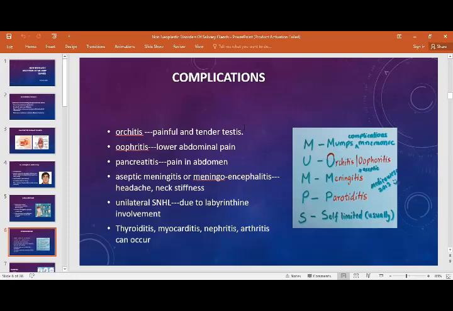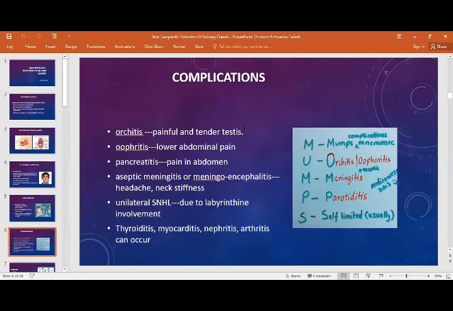Most of the time, when you take history in young children, it is unilateral, but sometimes it could cause bilateral sensorineural hearing loss. This sensorineural hearing loss occurs within a day or so, and this is called sudden sensorineural hearing loss.